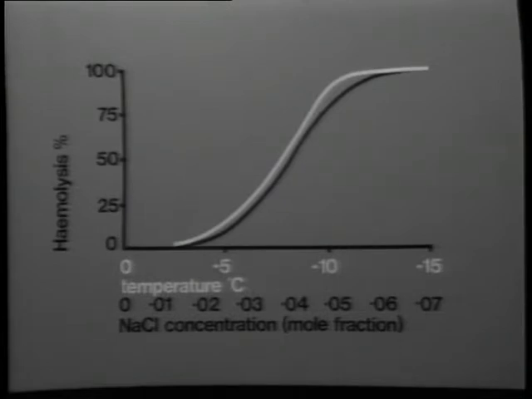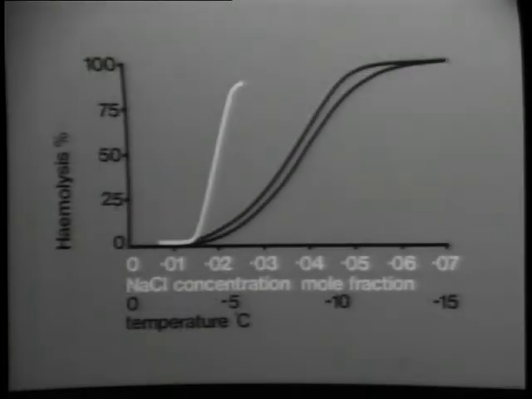Lovelock also investigated the effect of temperature change under constant hypertonic conditions. When he suspended red cells in sodium chloride solutions between 0.01 and 0.03 mole fraction sodium chloride and then cooled them from 37 degrees to 0 degrees centigrade, that is without freezing, he obtained greatly increased hemolysis.